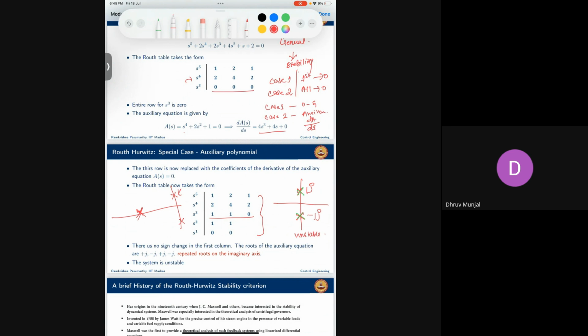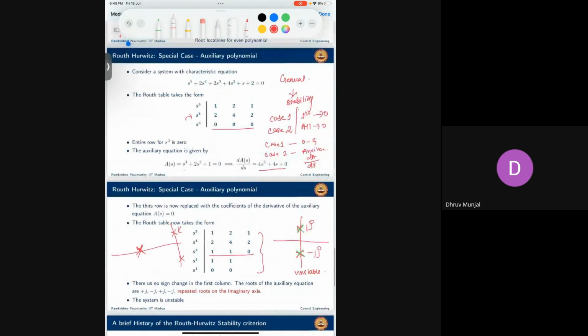So here, how do we find it? Like here, s cube plus a0 s square plus b0 s plus 0 equal to 0.